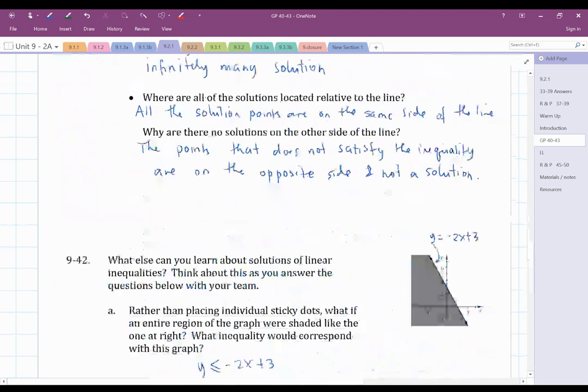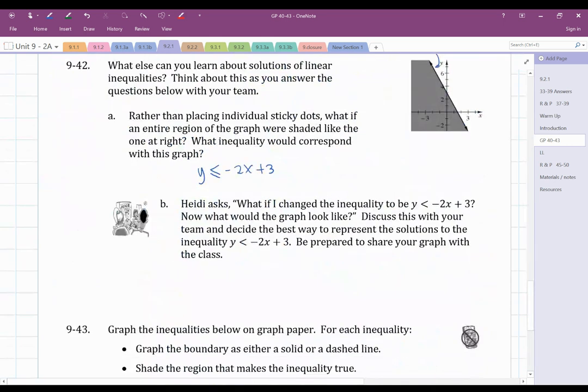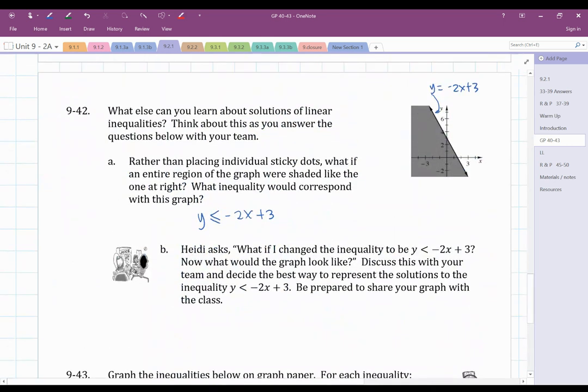While in number 42, the graph is shaded on the left side, which is not the solution. So to write the solution for this graph, it should be less than. Is that clear?